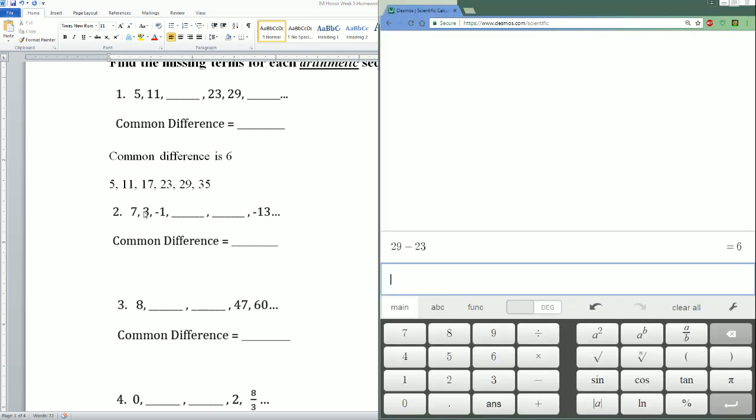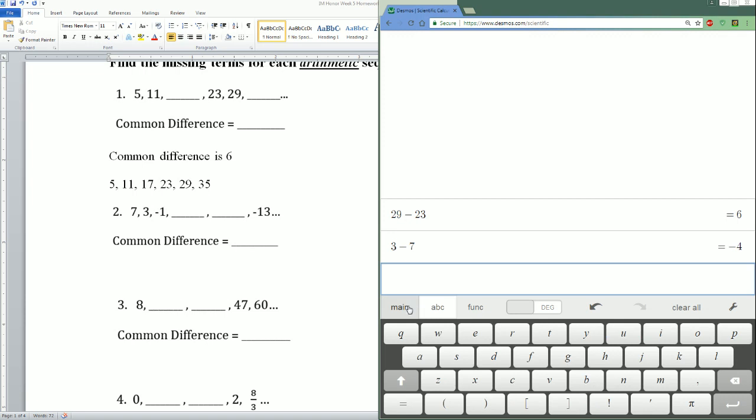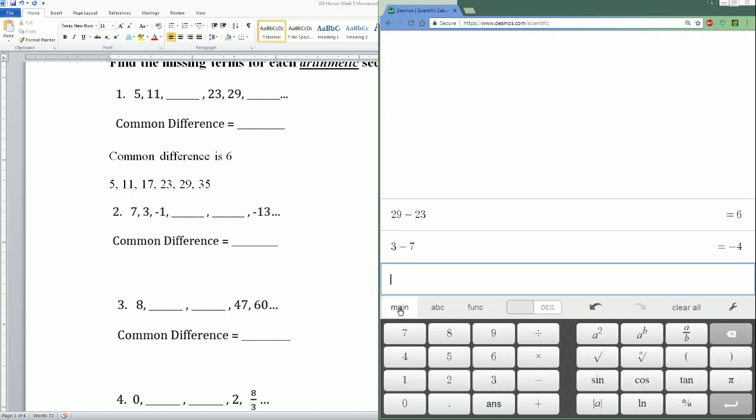Here, I'm going to grab the second term and subtract the previous term. So 3 subtract 7. I got negative 4. Let's try that again. I got negative 1 subtract. Should this be a negative? I'm not sure how the negative appears here.